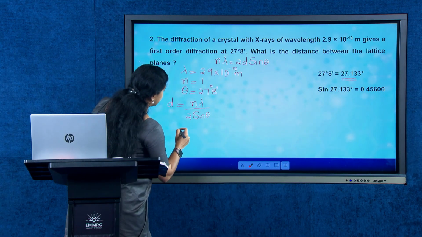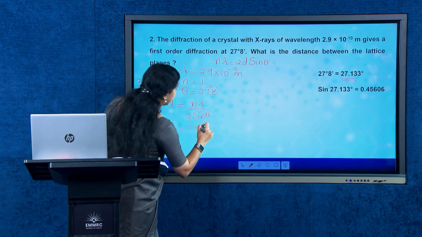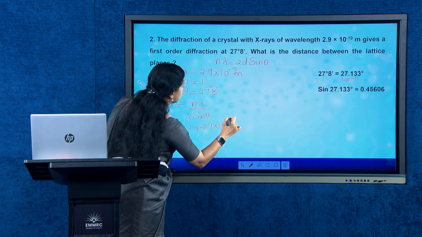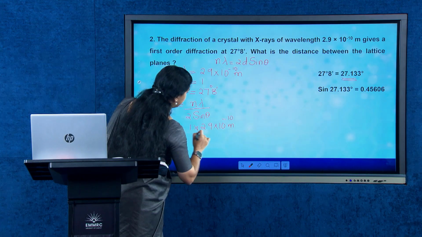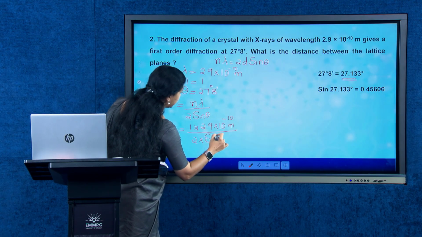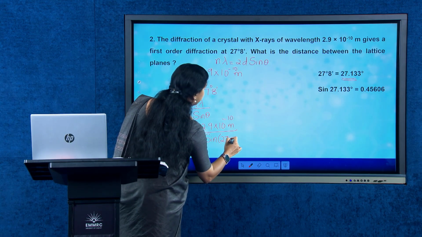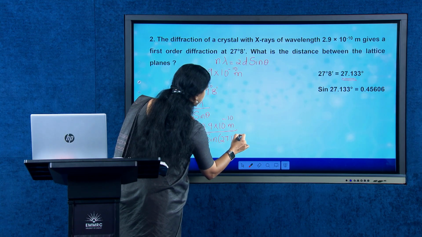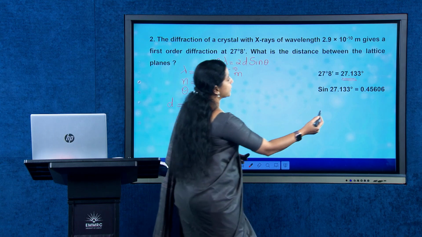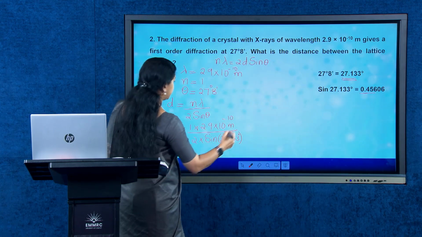So, when we substitute this, we get 1 into the wavelength lambda, 2.9 into 10 raised to minus 10 meter, divided by 2 into sine 27.133 degree. And sine 27.133 degree is 0.45606. So, we can substitute that value.